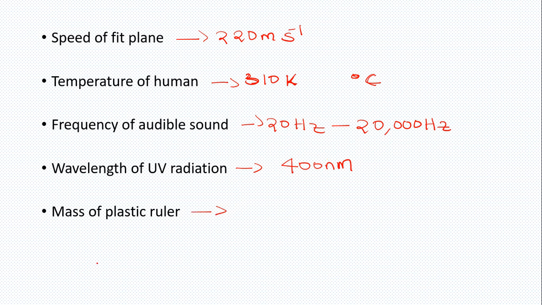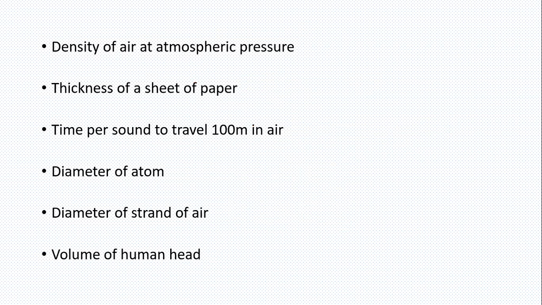Now, the mass of a plastic ruler. The mass of a plastic ruler is about 70 to 75 grams. Please note that if you pick anything within this range, you are still within the recommended or required value. Now, the density of air at atmospheric pressure. Recall that it is the density of air at atmospheric pressure.